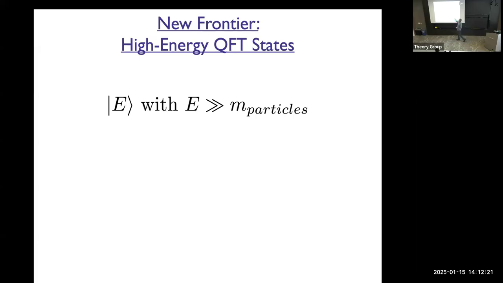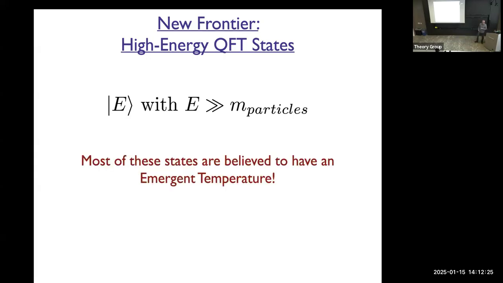The idea is to look at very high energy states of finite energy density, much bigger than the typical mass of particles. There is an idea that this is kind of like our world: it could be a closed system, but a very large energy state is still like a thermal bath, and so it should have an emergent temperature.